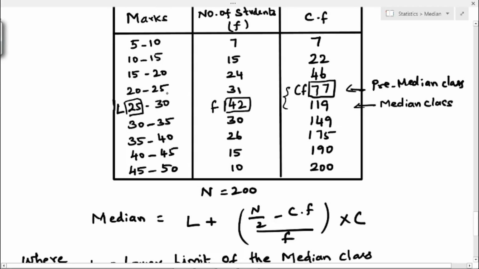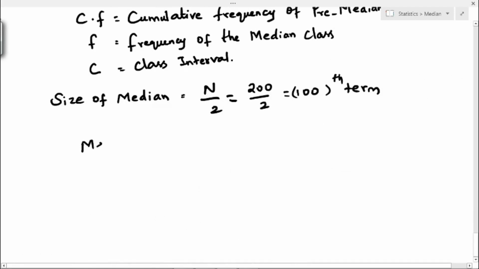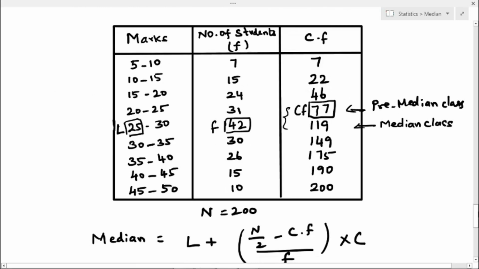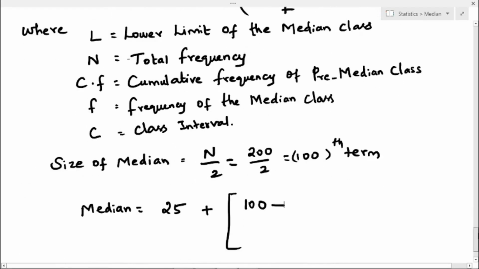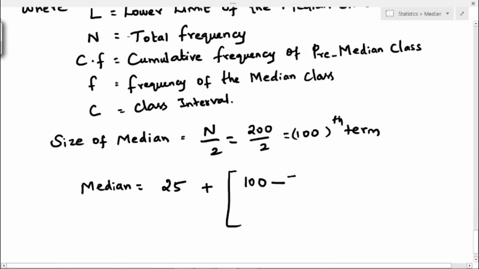Now substitute all the values in the formula. Median equals L, the lower limit, 25, plus N by 2, which is 100 because N is 200 divided by 2, minus CF, the CF value 77, divided by F, which is 42, into C, which is 5. Now simplify.